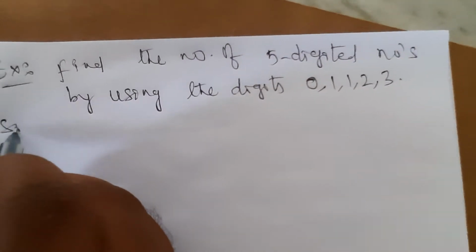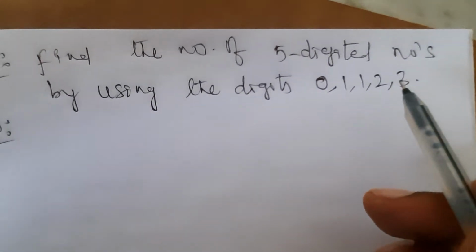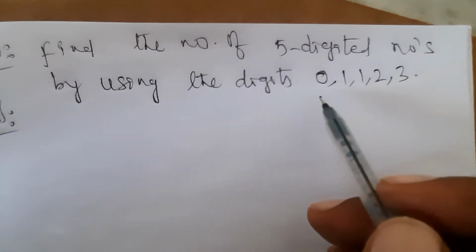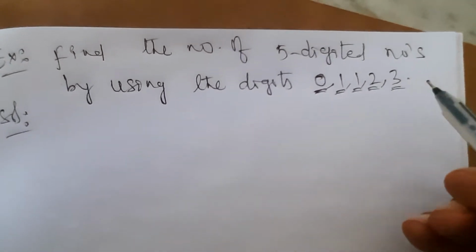This is the bit. Okay. So here find the number of the 5-digit numbers by using the digits 0, 1, 1, 2, 3.